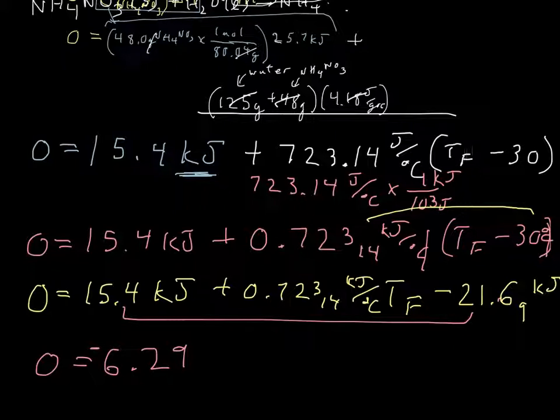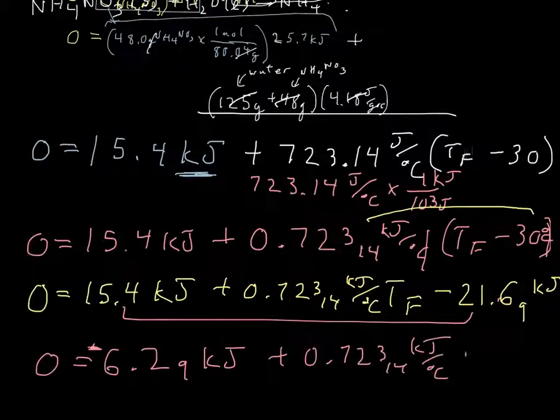And again, I shouldn't be sloppy with my sig figs. As a result of the subtraction, that 9 is insignificant. Negative 6.29 plus 0.72314 kilojoules per degree Celsius times our variable.